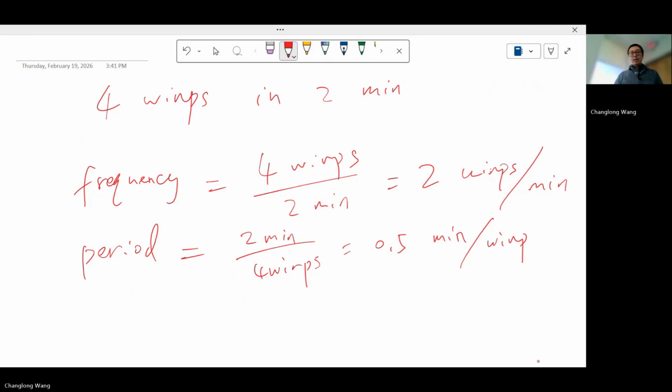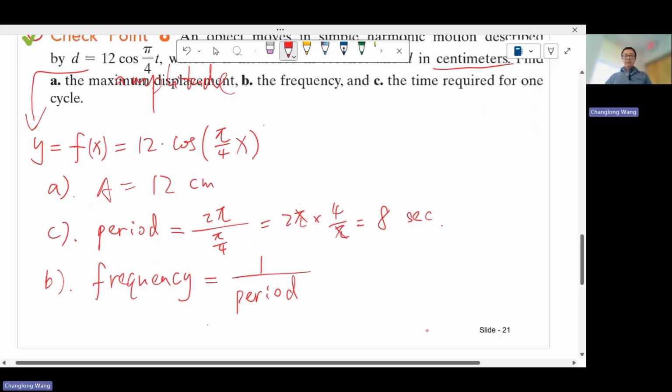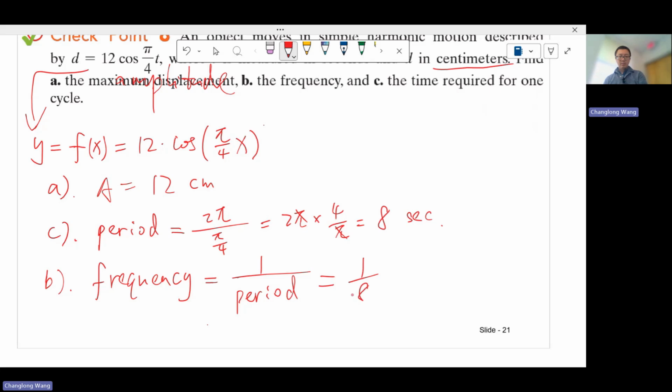All right, so now let's get back to that problem here. How do we compute a frequency? It's as simple as getting the period first and doing the reciprocal, 1/8. Now the units, be careful with that. It's not going to be seconds anymore. It will be per second, right?